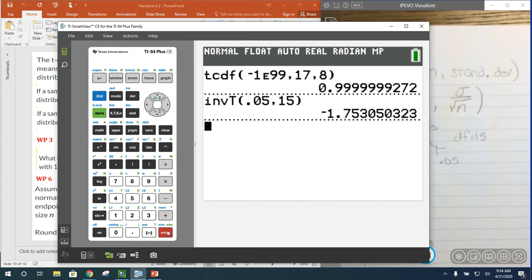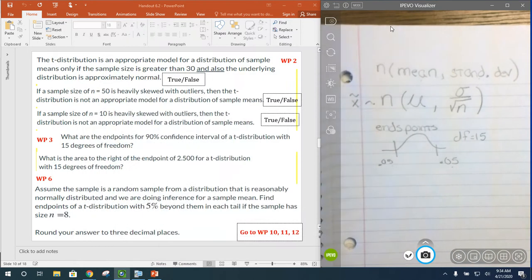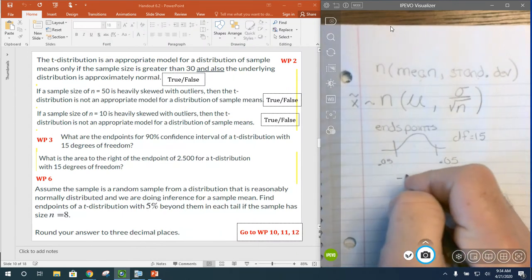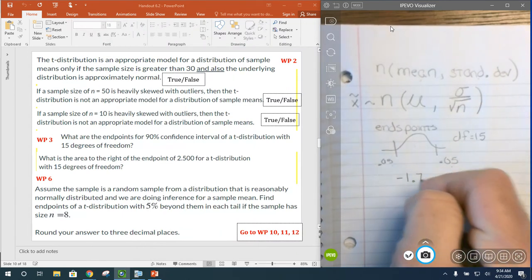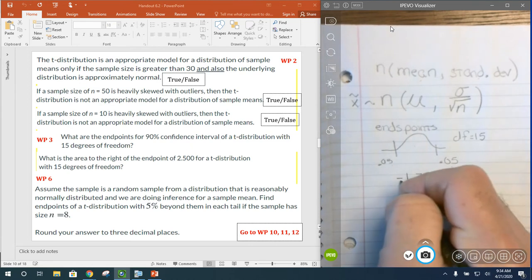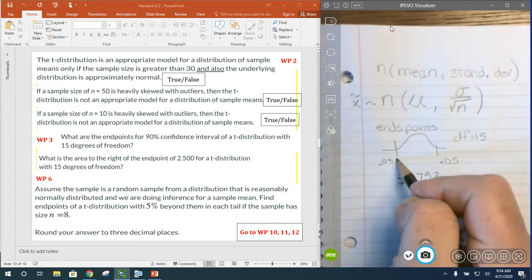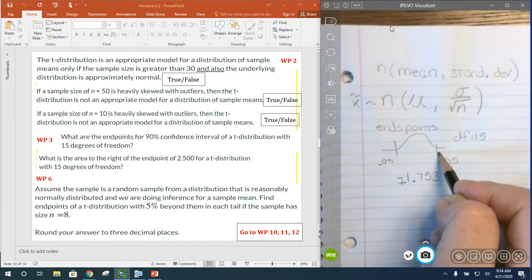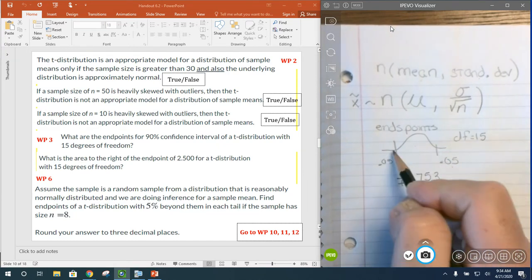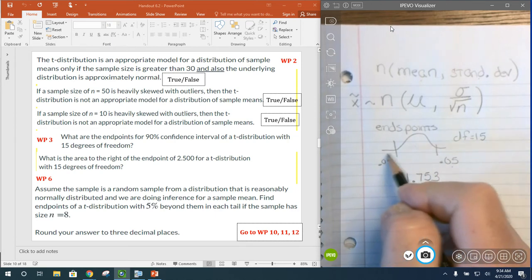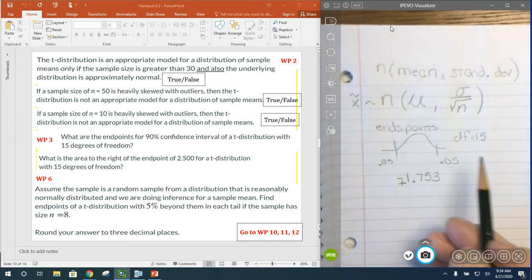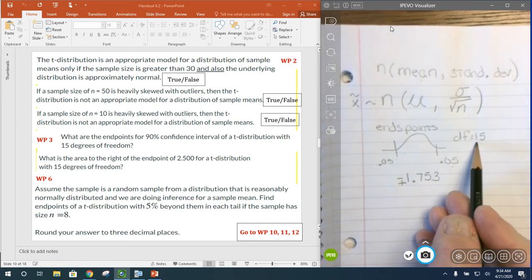And when I paste that, I get negative 1.753. Remember, for every negative, there's also a positive. This is the negative 1.753, and this is the positive 1.753. These are the endpoints for a t distribution with degrees of freedom of 15.